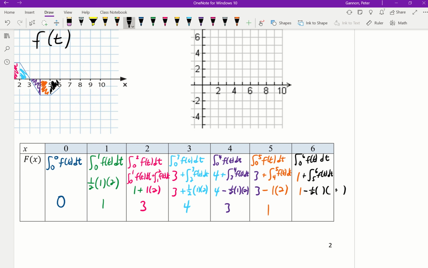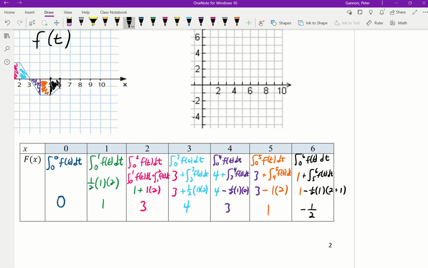We need the height and the sum of the bases. The bases are the parallel sides, which are this height here, which is 2, and this height here, which is 1, so that's 2 plus 1. The height of the trapezoid is the distance between those two bases, from 5 to 6, which is 1. When we simplify, 2 plus 1 is 3, 3 times 1/2 is 3/2. So 1 minus 3/2 is negative 1/2.